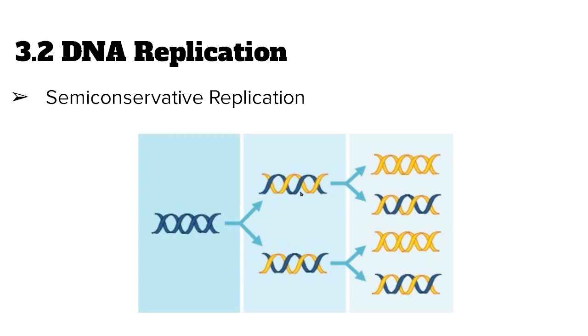So daughter strand up here is 50% blue. That came from the original copy. And 50% is this yellow. Now that 50% yellow has been added to it. Right? And because of Chargaff's rules, those base pairings, adenine to thymine, cytosine to guanine, it's going to have the same information. But we're still thinking 50% old, 50% new, right?